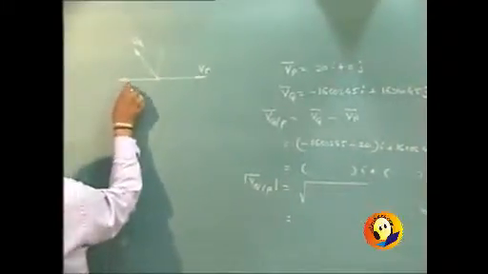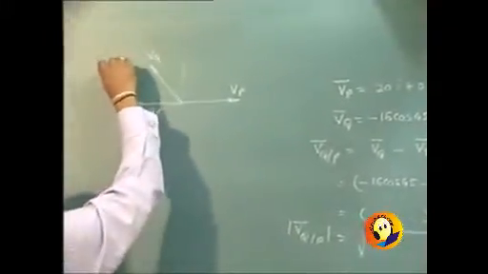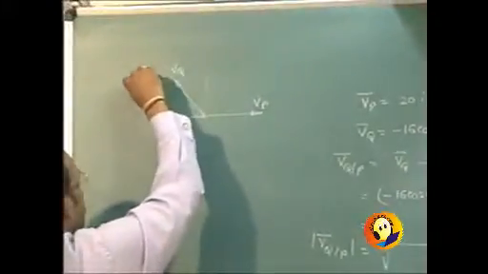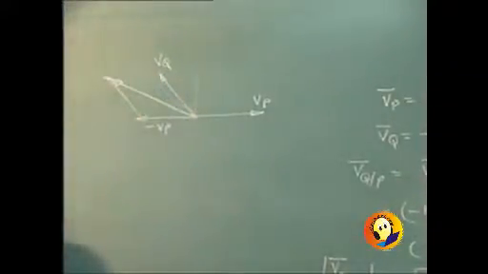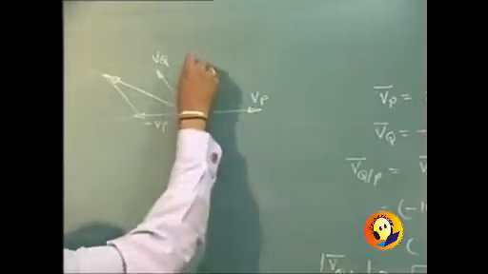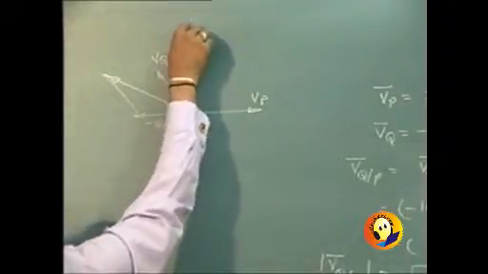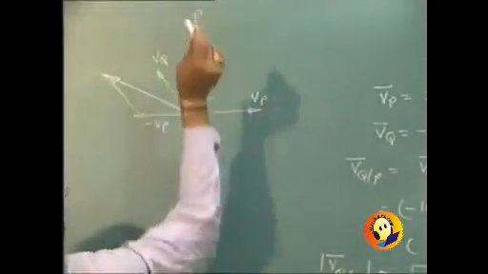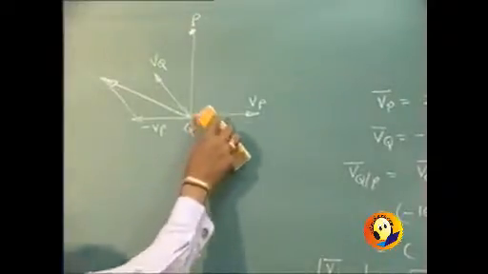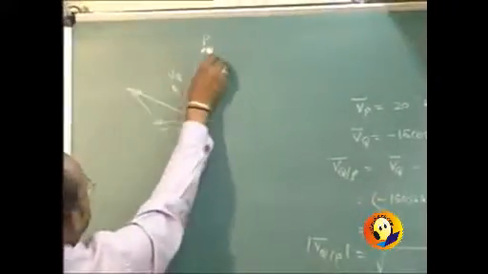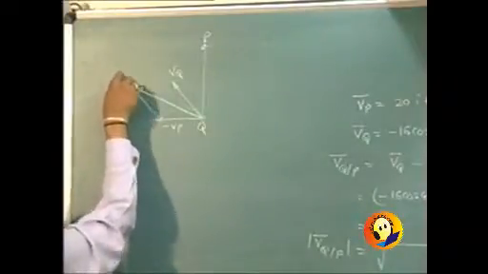So this is minus VP, and if we want to add them, then the addition will be like this. And where was point P? Point P is 30 kilometers at this position. This is point P actually, and this is Q. So to Q we are applying that particular velocity, and P is stationary. So this is velocity of Q with respect to P.